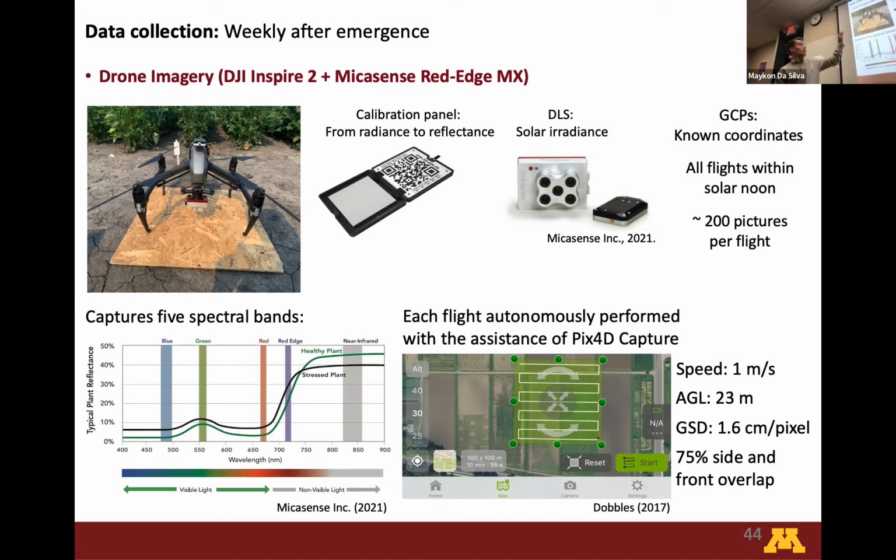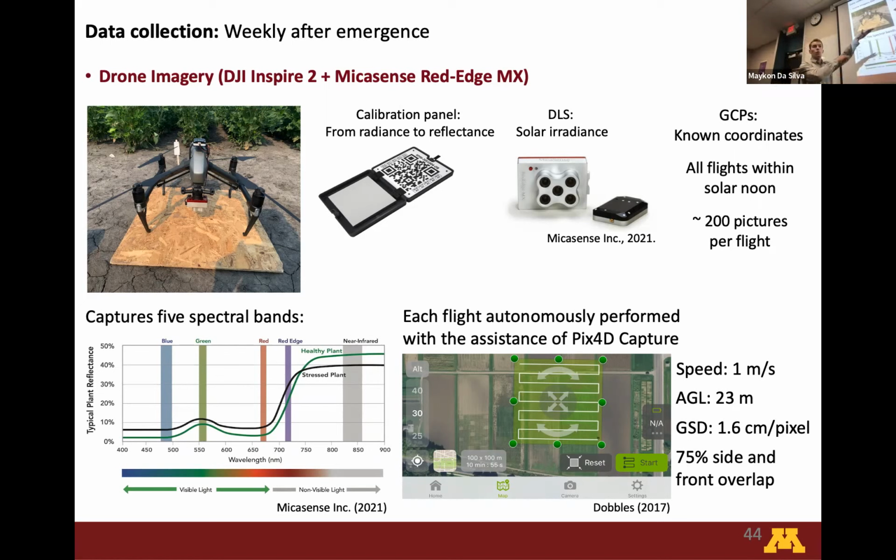In addition, before and after each mission, images of the calibrated reflectance panel will be taken and will provide information regarding the light conditions during each flight. Also, a DLS, which stands for downwelling light sensor, will be mounted with the camera onto the drone and will provide solar irradiance. Why are these two things important? Because we want to convert radiance to reflectance.